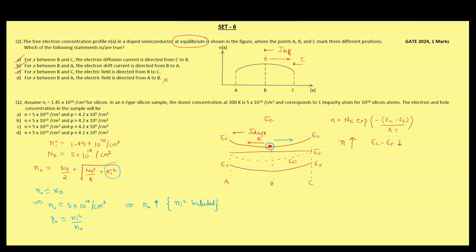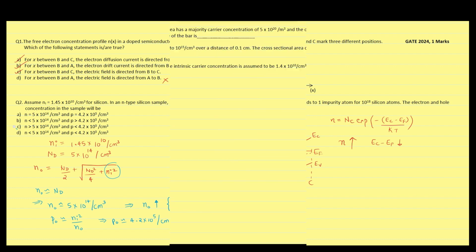If we ignore the intrinsic carrier concentration, then the hole concentration will come out 4.2 into 10 raised to the power 5 per centimeter cube. But if we include the intrinsic carrier concentration, the hole concentration will slightly decrease. Therefore, considering the exact values, the right option will be C option.